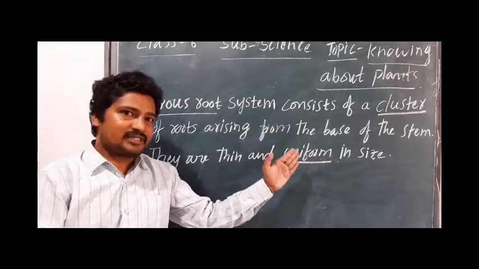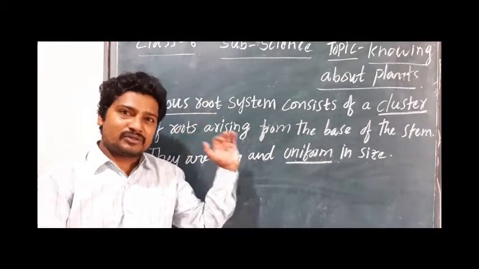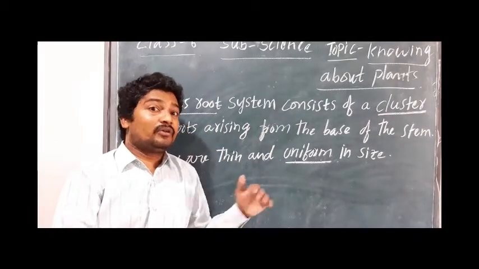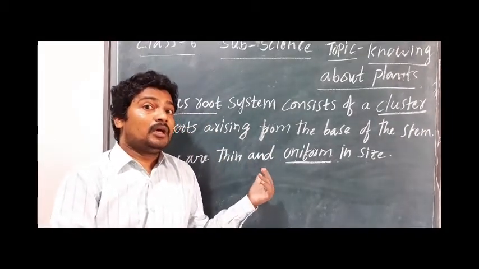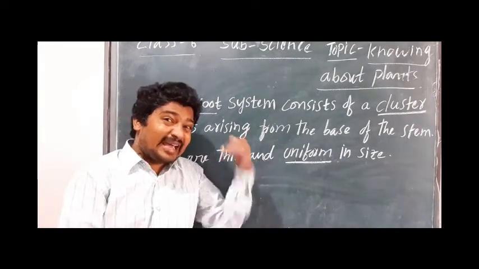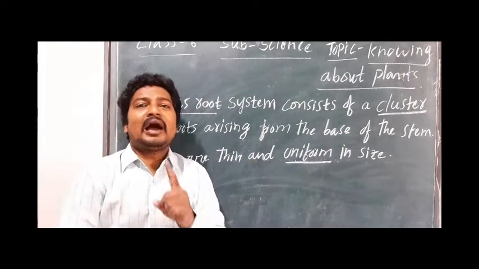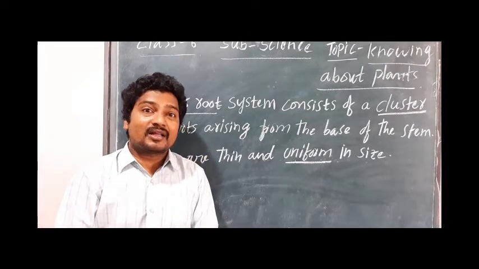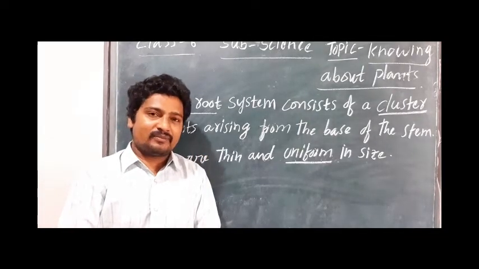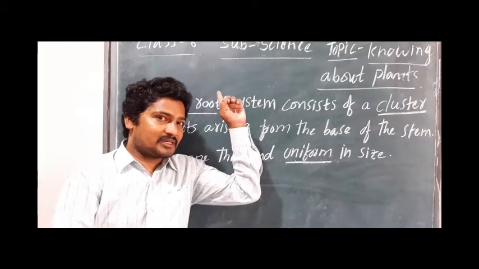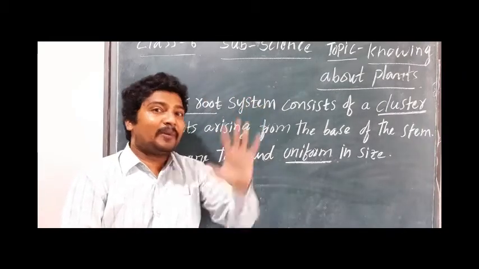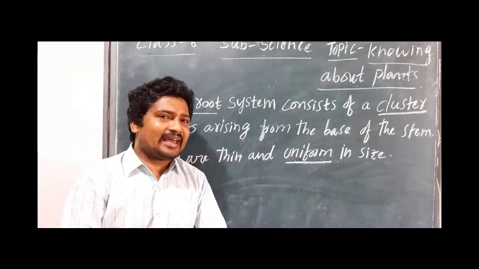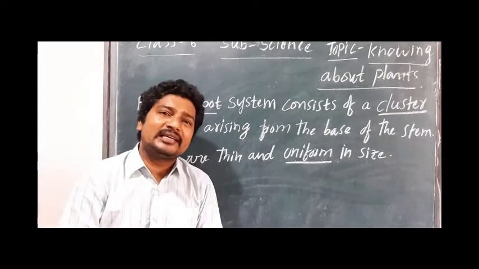So that is the taproot system and the fibrous root system. Now we should know examples of fibrous root systems. You have to observe and tell me which ones are fibrous root systems. I told you taproot systems are in strong plants, which we cannot pluck very easily.